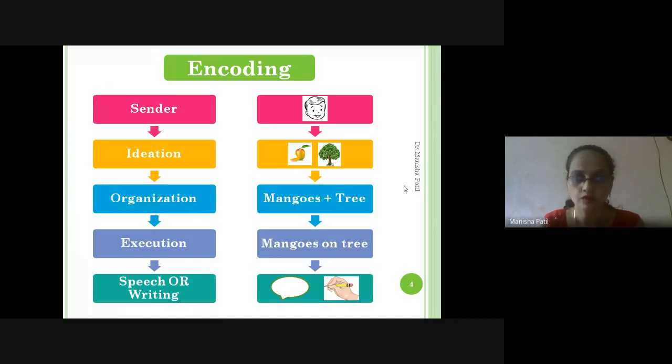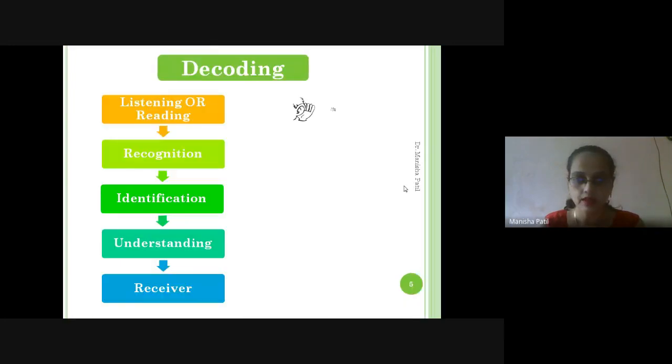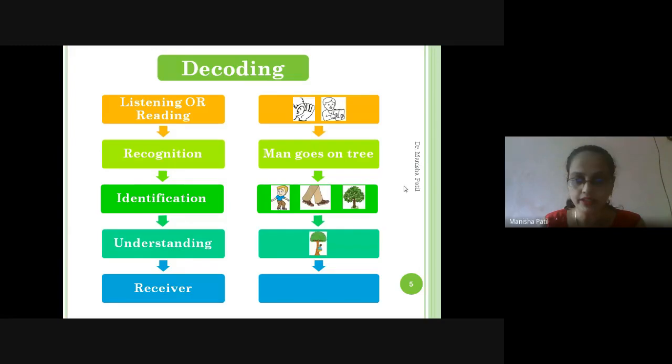Now, whatever the sender has in his or her mind and whatever the receiver understands from this particular phrase or this particular sentence does not match. Why?